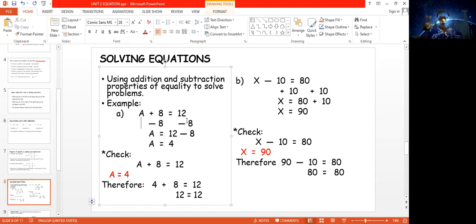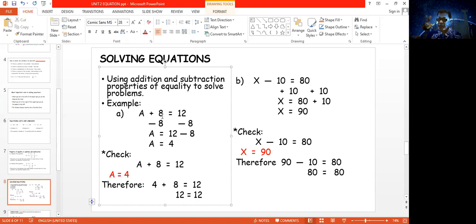To isolate our variable, remember, our variable always wants to be alone on its side. All you have to do is subtract the same amount that is added to that variable. You don't use the number on the other side.